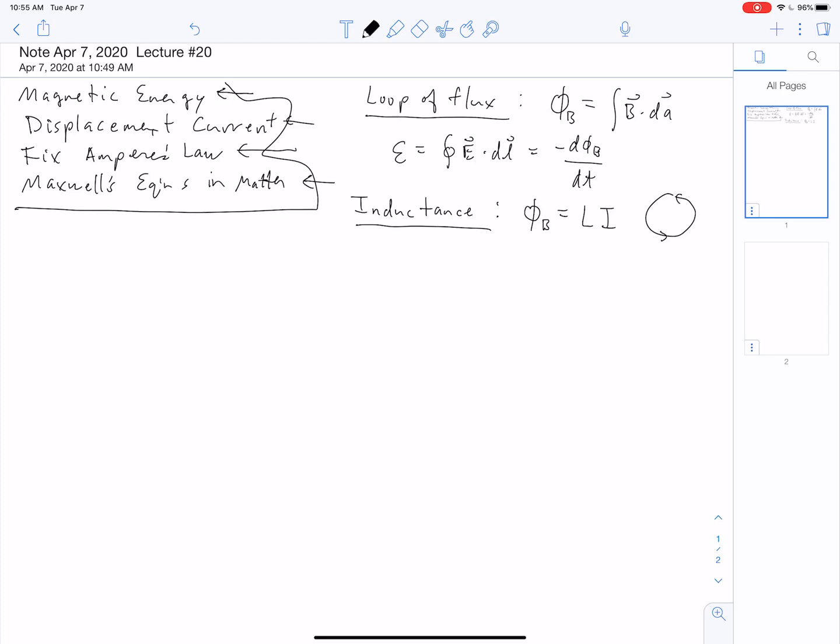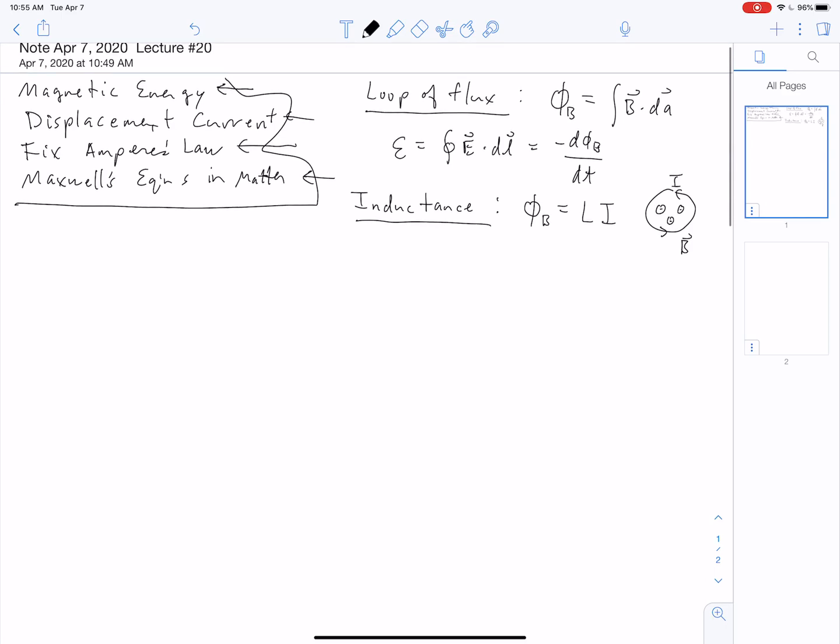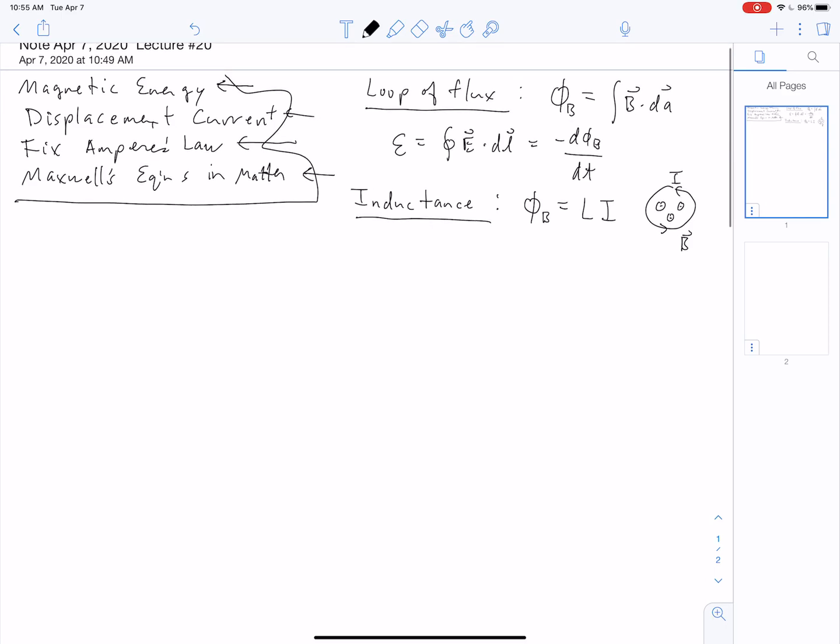If I have some current, and then I can have some B field here, in which case the EMF can be written in terms of the inductance L times dI/dt, since that's just the negative change in flux.